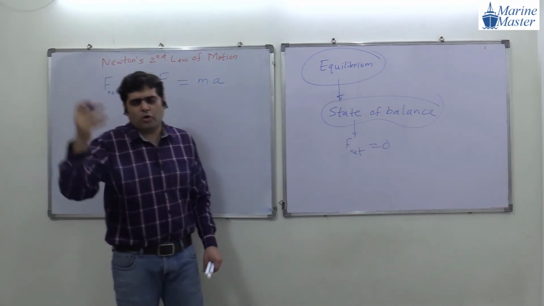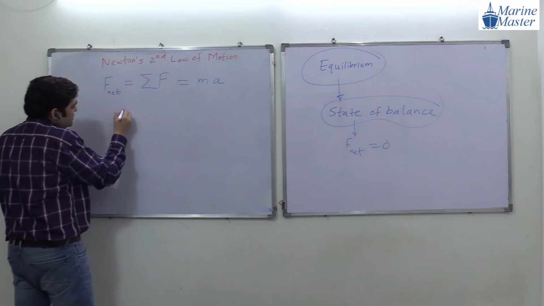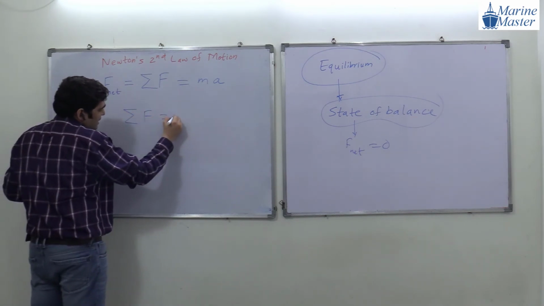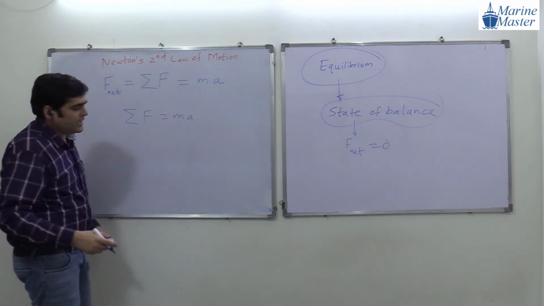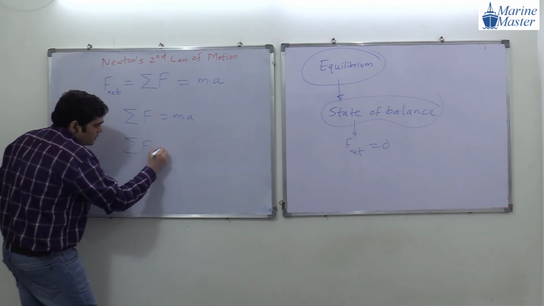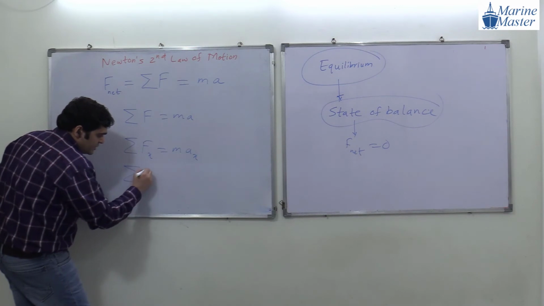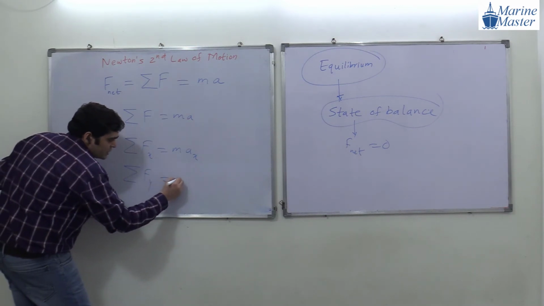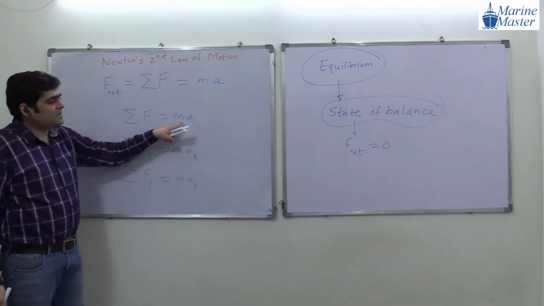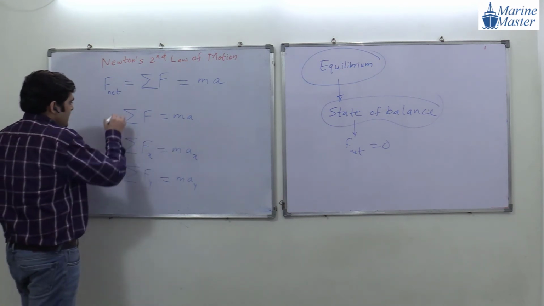There are a lot of forms of this law, but whatever form we require, summation of F is equal to ma. For forces in the x direction, summation of forces in x direction equals m into ax. For forces in the y direction, summation of forces in y direction equals m into ay. M means mass, a means acceleration. So this is the main form.